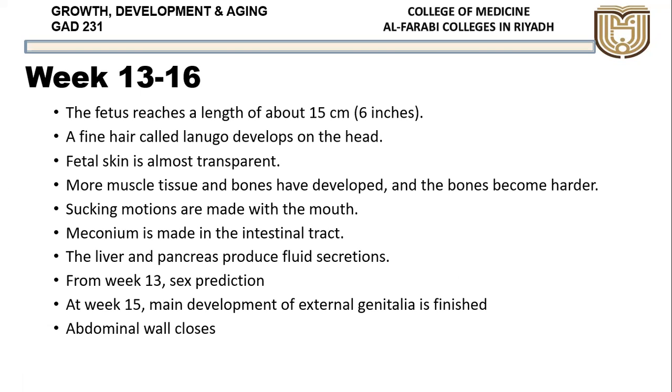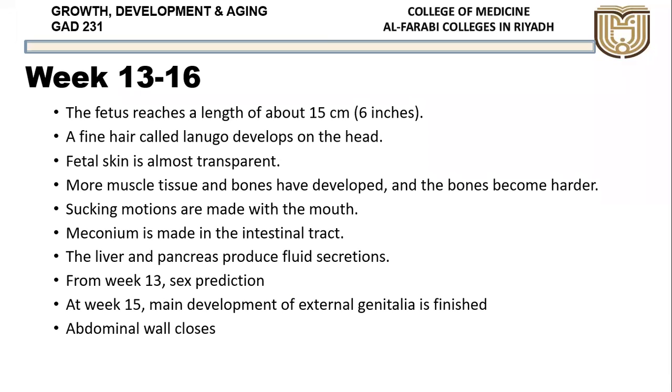But you should remember that the determination of sex is at the fertilization itself, depending on which type of sperm has fertilized, whether the X sperm or the Y sperm. What you can see with the ultrasound is the externally developed genitalia, which can be made out at the 16th week.